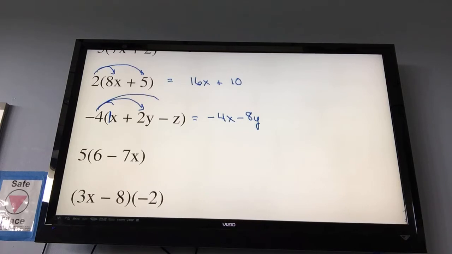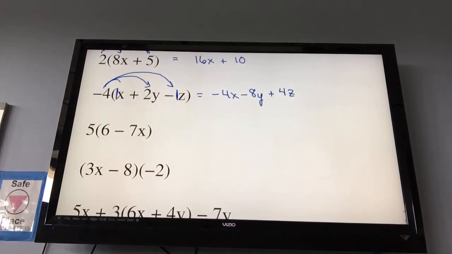And negative 4 times negative understood 1z is positive 4z. So again, especially when you're distributing a negative, watch your signs. None of those terms are alike. One's an x, one's a y, one's a z. So there's nothing else I can do with that question.